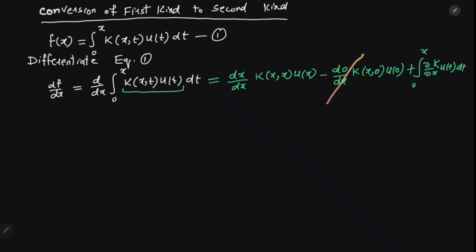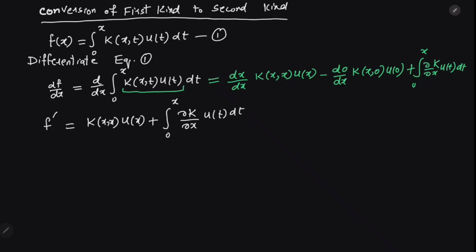This term becomes 0. So we have f dash is equal to k(x,x) u of x plus integral from 0 to x of partial k by partial x, since k is a function of x and t so we need to use the partial derivative, u of t dt.